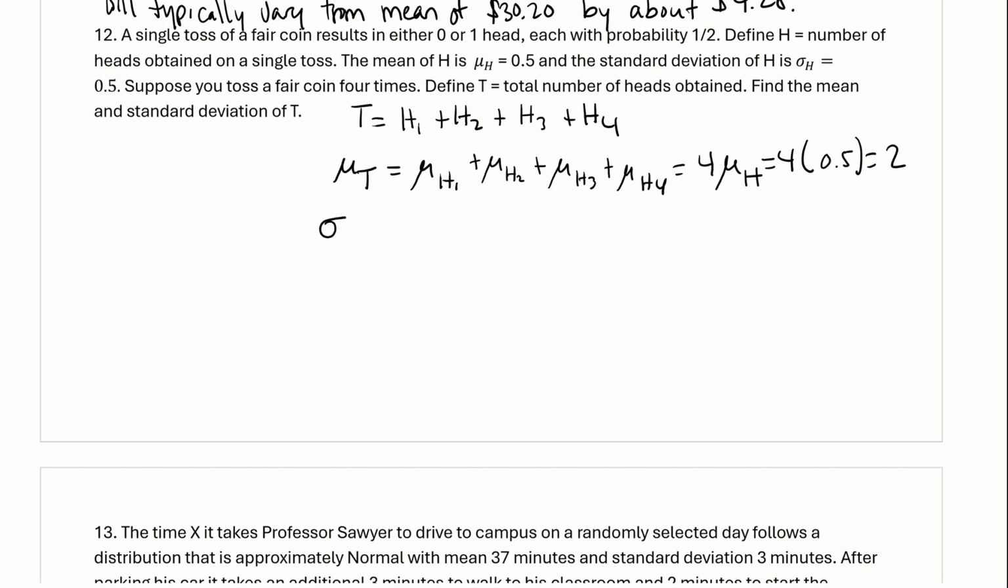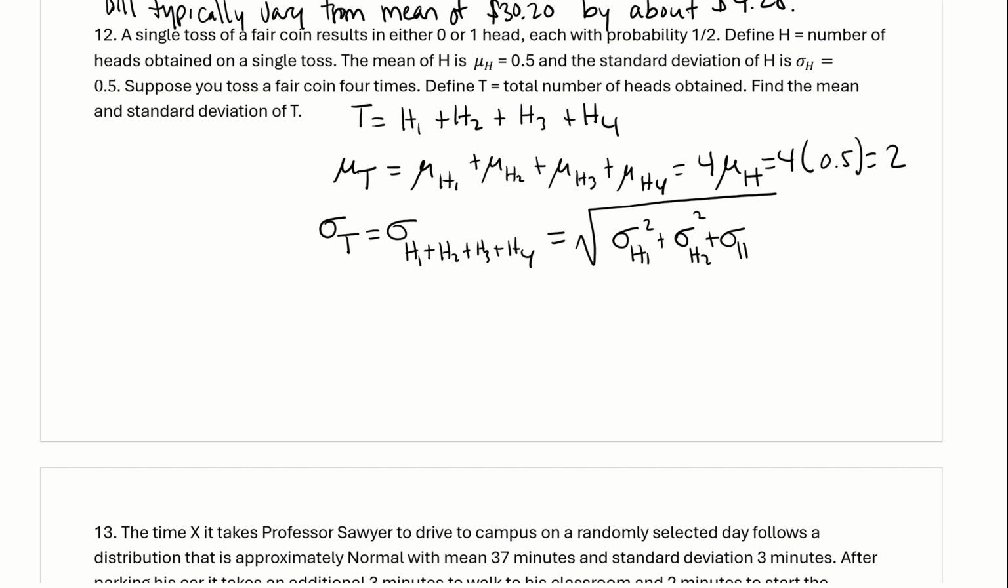And then the standard deviation of t. Let me just be clear and rewrite it as the standard deviation of h1 plus h2 plus h3 plus h4, right? And remember, to get the standard deviation, you have to take the square root of the variances. But we know that each of those is the same, sigma squared h.